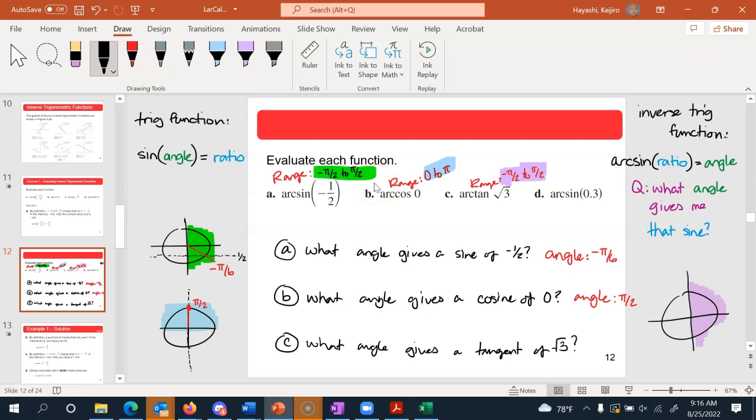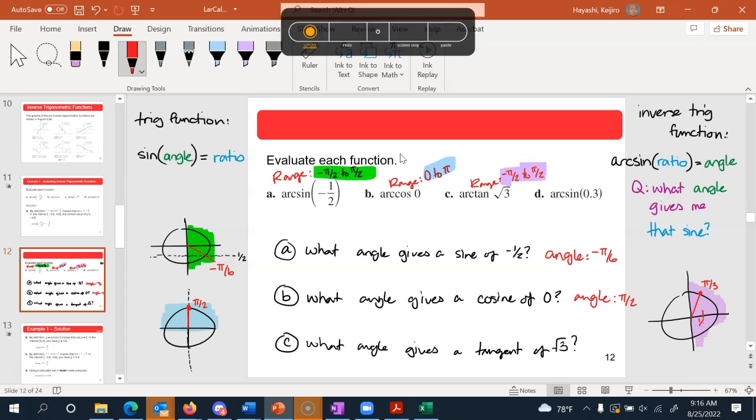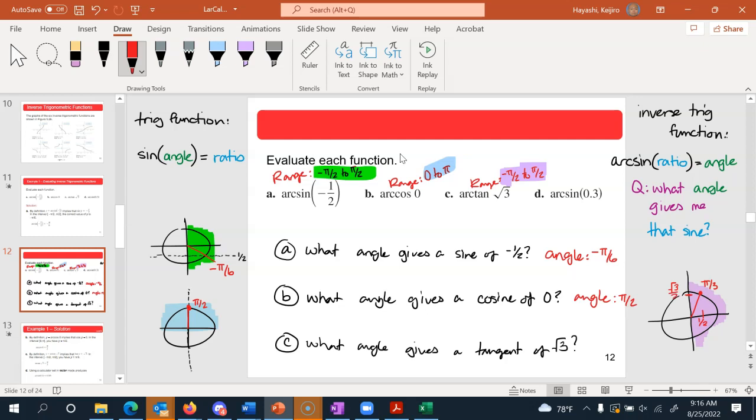Let's just try pi over 3, for example. Let's see what the tangent of pi over 3 would be. Remembering that pi over 3 has a point associated with it with an x value of 1/2 and a y value of square root of 3 over 2.